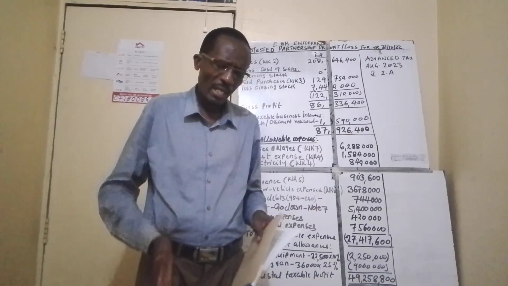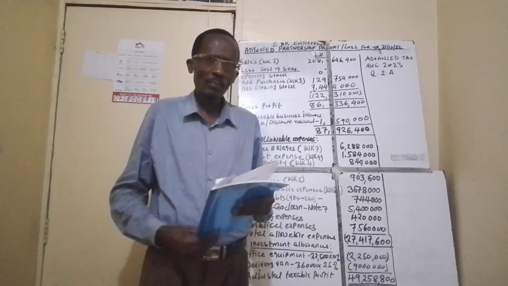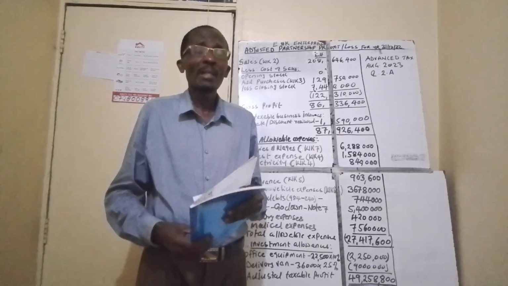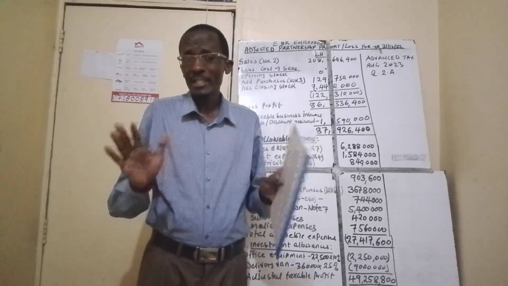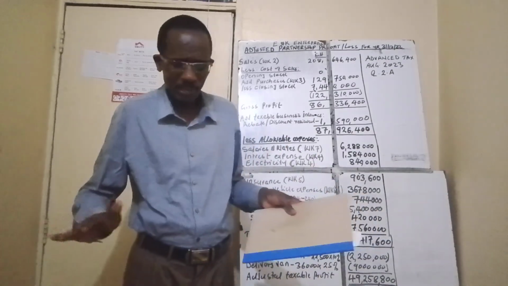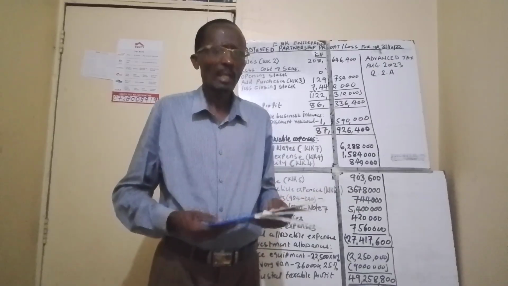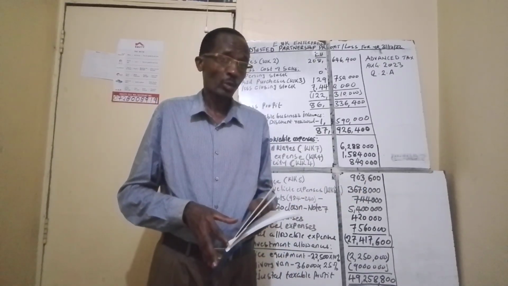One is a list of expenses which are allowable and those which are disallowable. Then a list of incomes which are taxable and those which are non-taxable. That's a basic thing, a standard for any person who wants to take a taxation question.